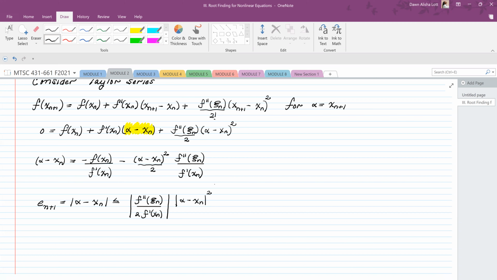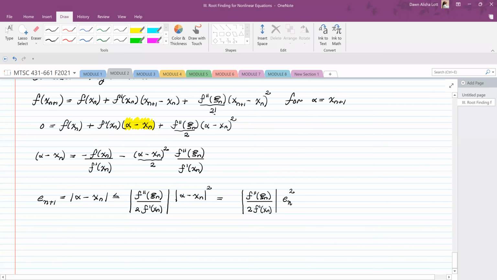And that term is equal to the absolute value of f double prime of cn over 2 f prime of xn, times en squared.